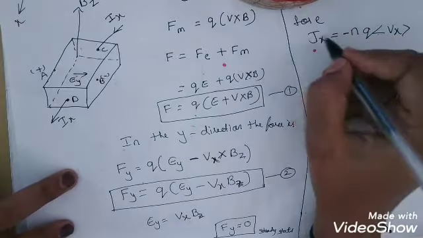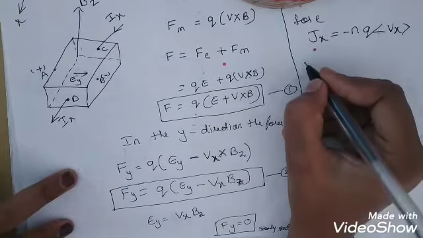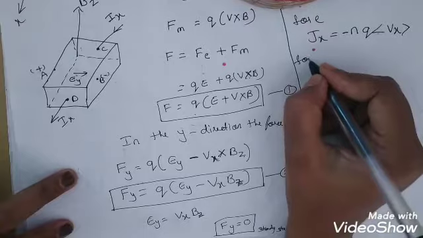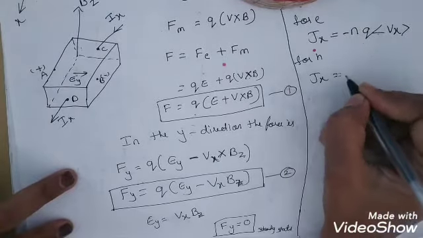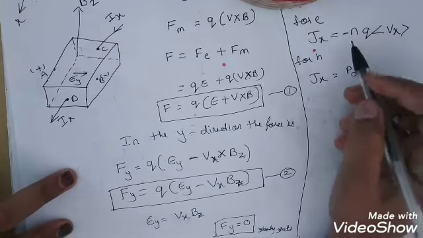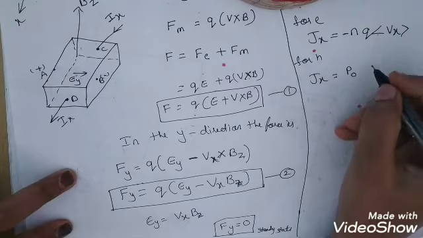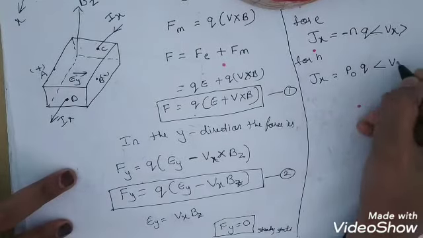Here the type of semiconductor material we consider is for holes, so we consider it a hole type material. For holes, Jx is equal to p0 q Vx. Here we are not considering the minus sign. p0 is the concentration of holes present, q is the charge associated with it, and Vx is the velocity.